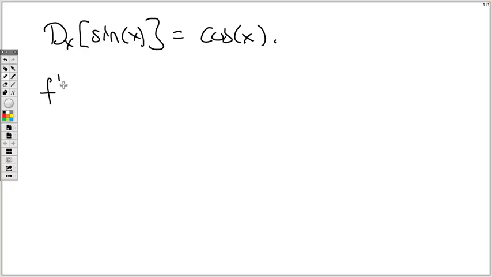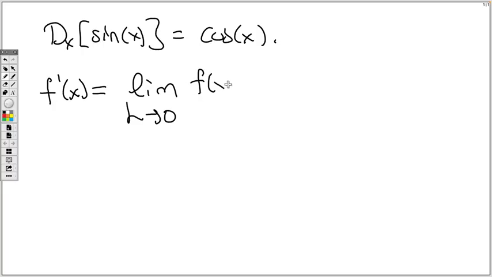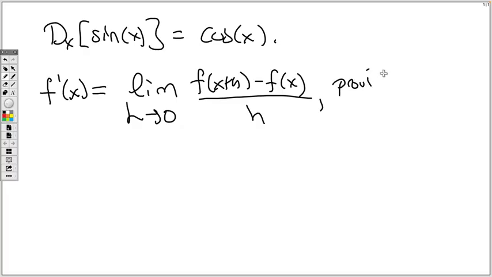The derivative of sine is cosine. The way we're going to derive these formulas is we're going to go back to the limit definition of derivative. If you recall, the derivative is the limit as h goes to 0 of f of x plus h minus f of x all over h, provided the limit exists.